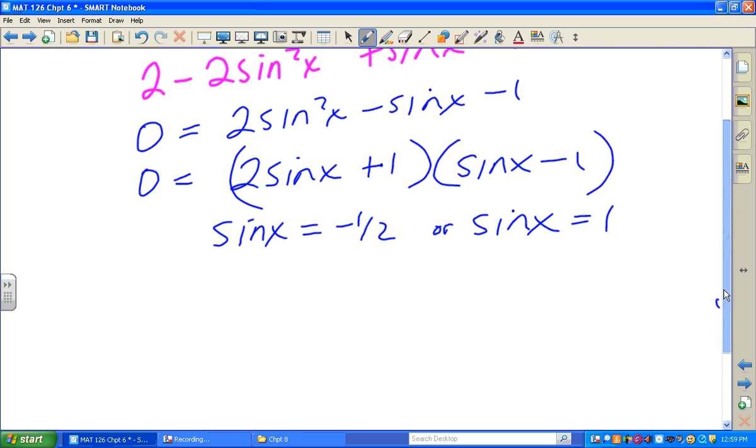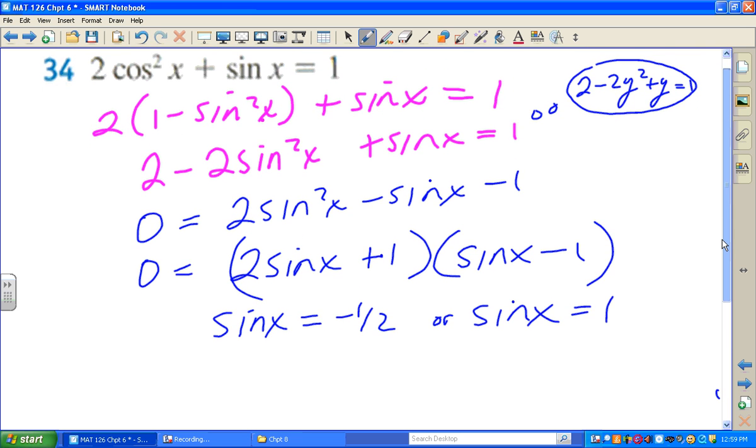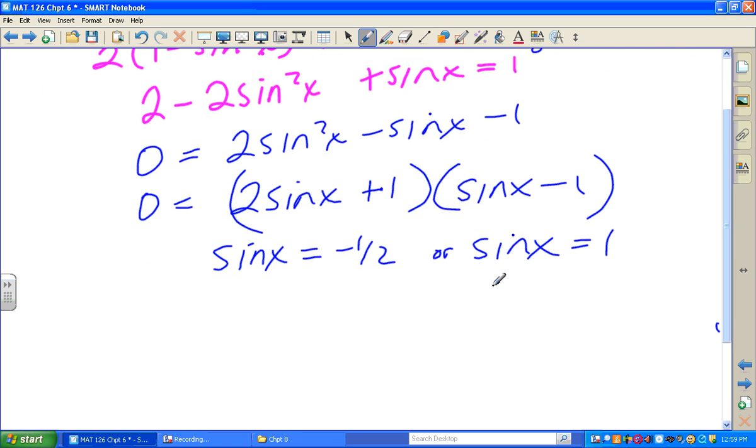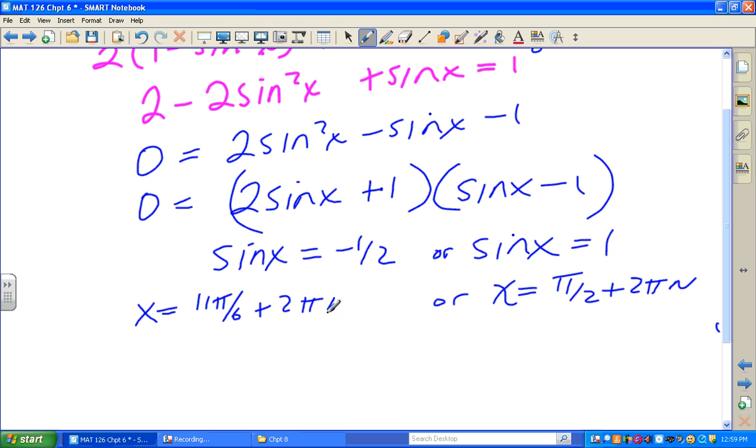Anytime you see a squared, you think Pythagorean identity. Here, x will equal pi over 2 plus 2 pi n. Over here, x will equal 11 pi over 6 is one of them, and 7 pi over 6 for the other one.